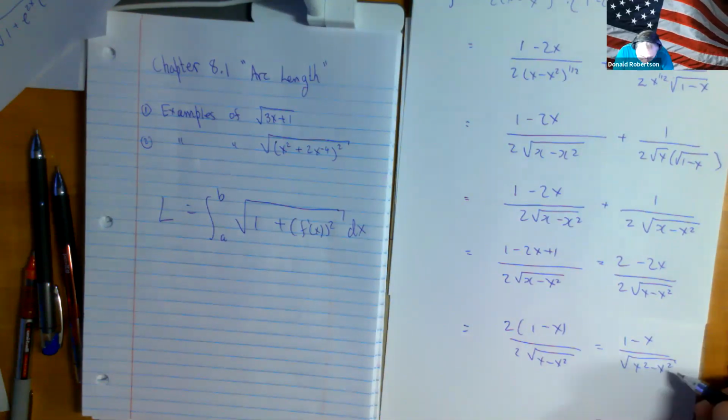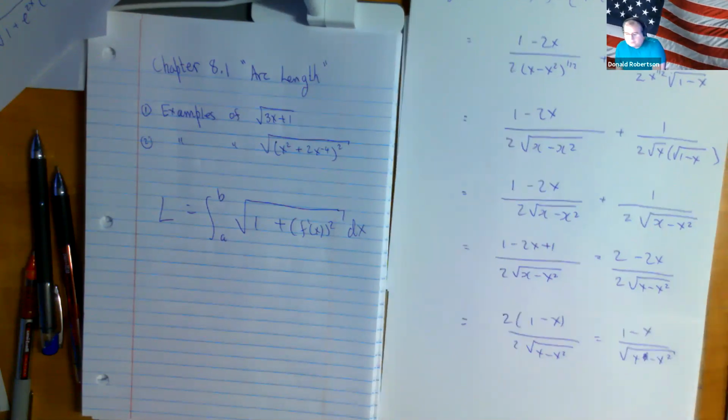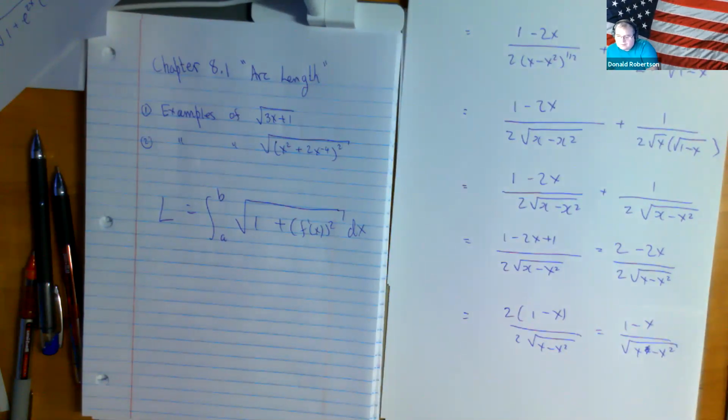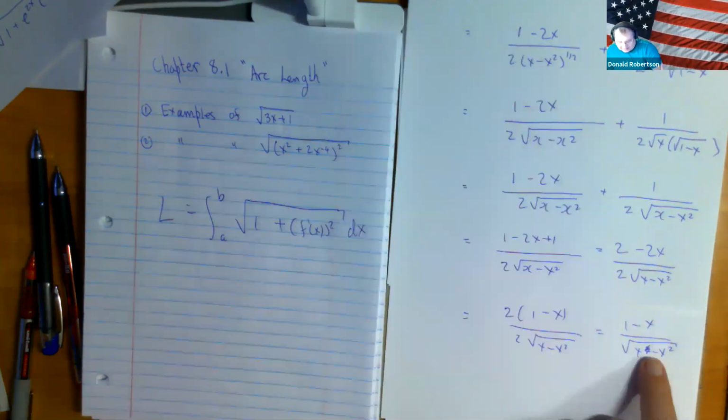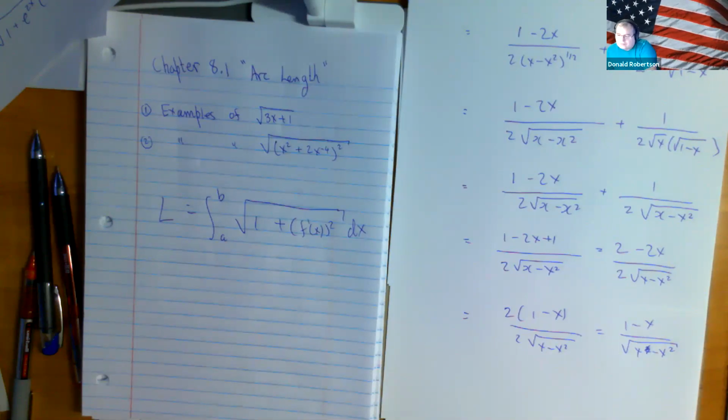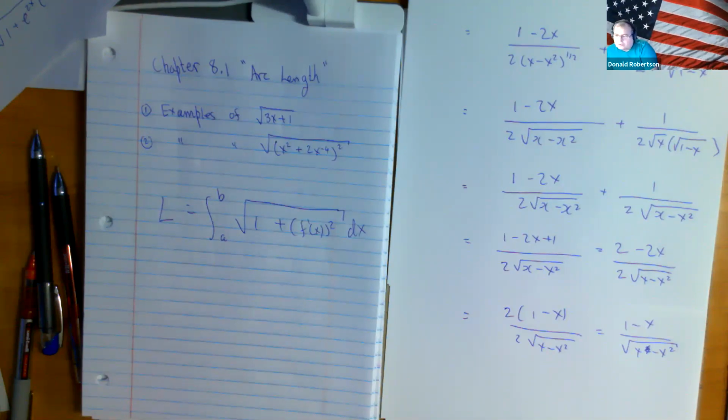Oops, one of them's wrong. You got to hang in here. This is just the derivative, as nice as I can get it. There's actually a little tweak I could do, but it's not necessary, so I'm not going to.